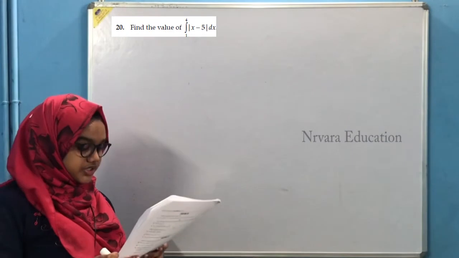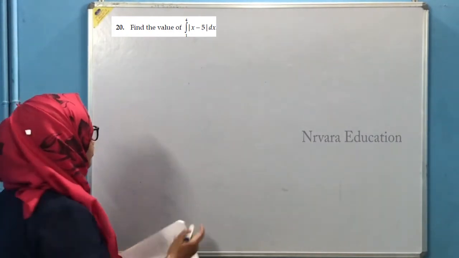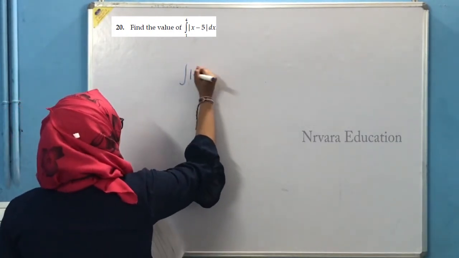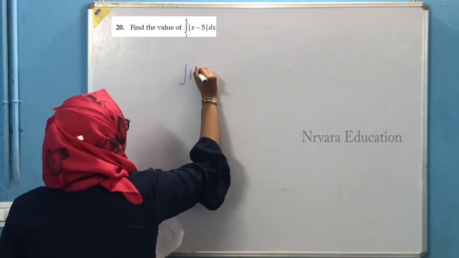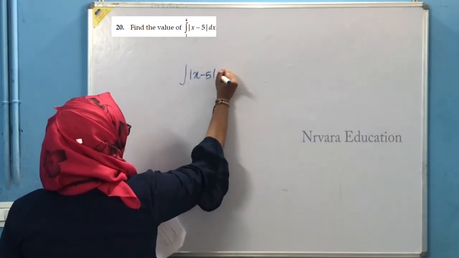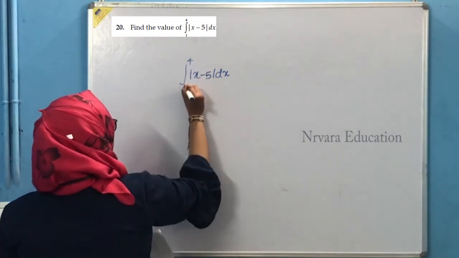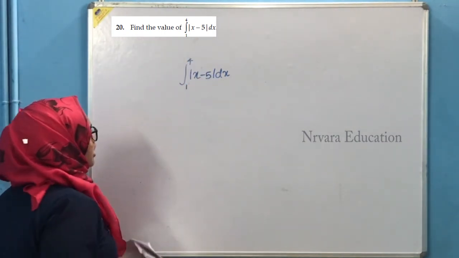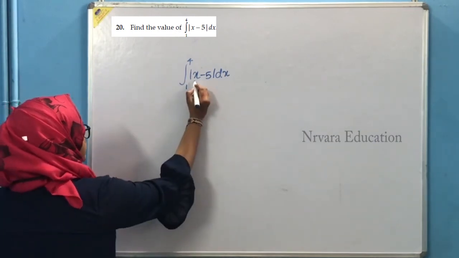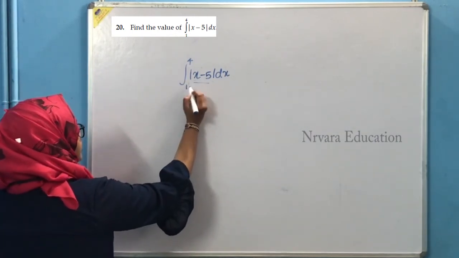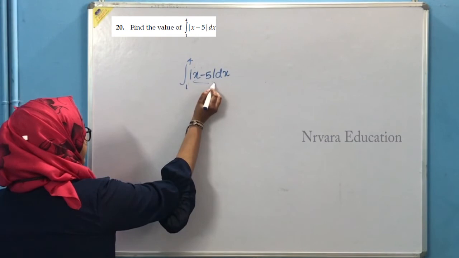In the 20th question, they have asked us to find the value of integral mod of x minus 5 dx, where the limits are 1 and 4. Here, if we substitute any value between 1 and 4, we are still going to get a negative number.